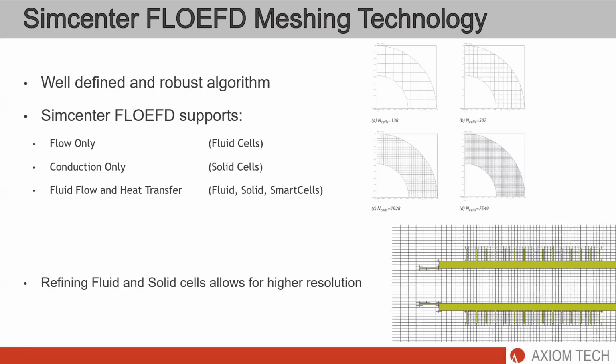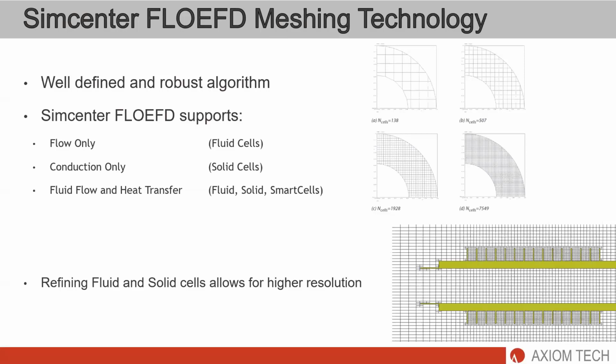Maybe you are afraid of professional mesh settings, but as I said before, this part of the workflow is fully automated. As mentioned earlier, FloEFD utilizes a Cartesian meshing system, which is well defined and robust. You can see it in the picture.